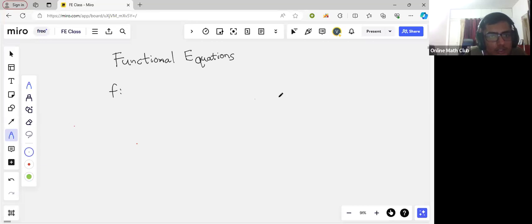A function is going to have some domain and some range, right? Essentially what the function does is it takes every element from the domain, which is A, and maps it to some element in the codomain B, right? And this is what the function is.